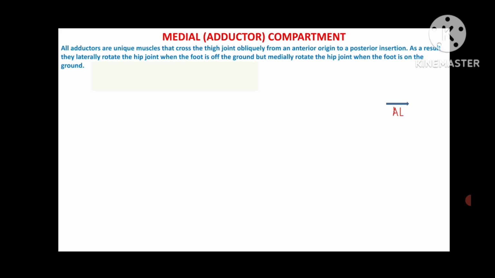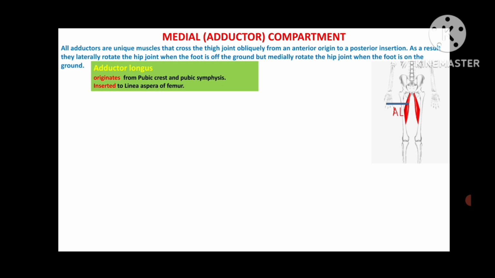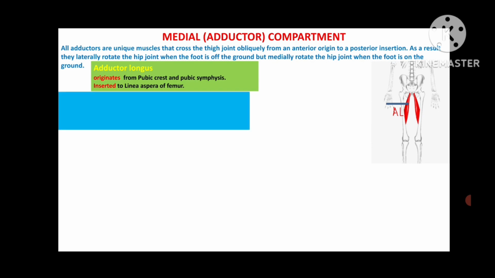The muscles of this medial or adductor compartment include adductor longus. The adductor longus originates from the pubic crest and pubic symphysis and is inserted to the linea aspera of the femur, running from the pubis bone to the femur.